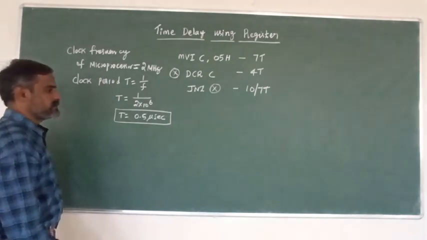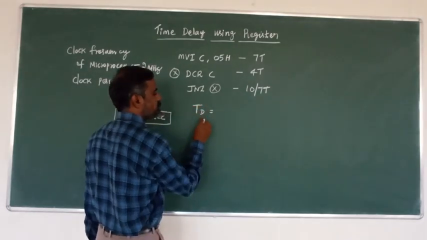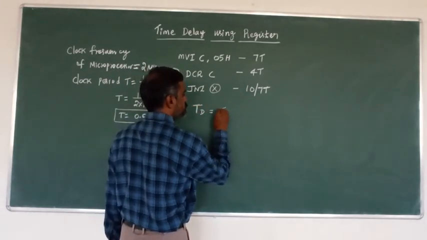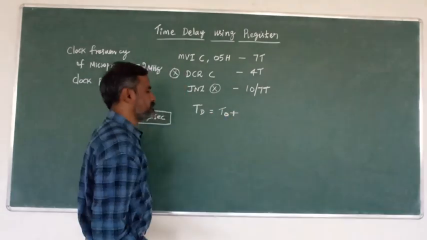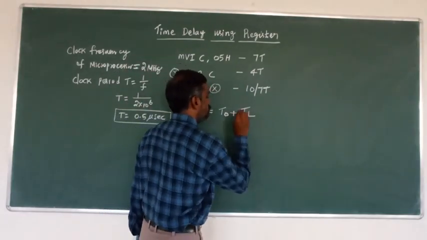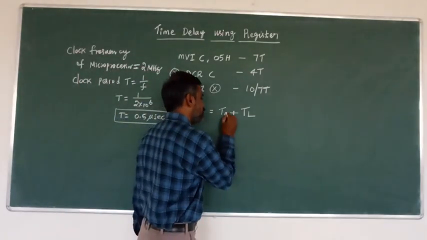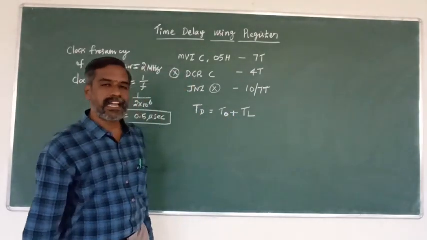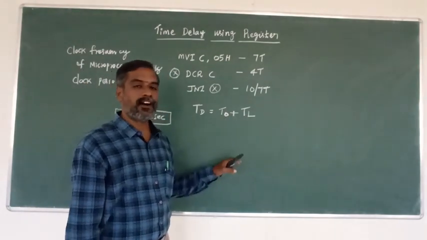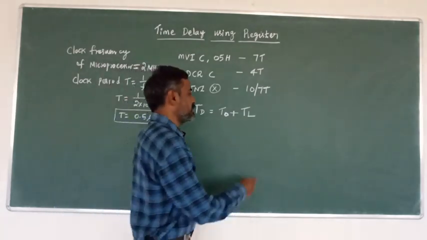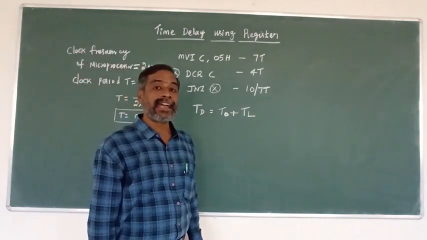Now to find the total time delay, the formula is TD equal to TO plus TL. Here TD is the total time delay, TO is the outside loop time delay, and TL is the loop time delay.